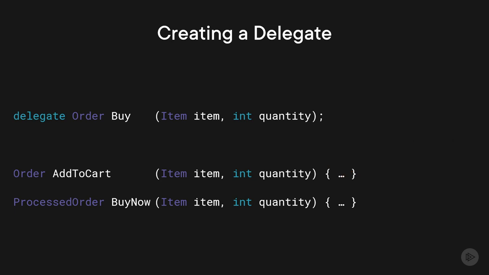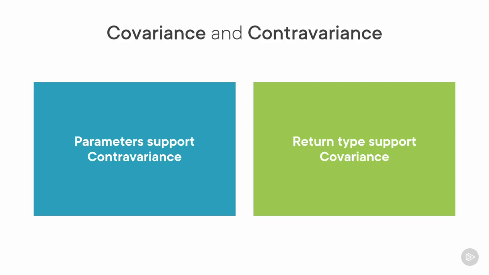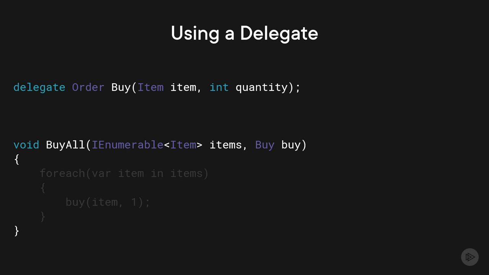This means a method with the return type object wouldn't match our defined delegate, as you cannot use a less derived object when matching the return type. On the other hand, since the parameters support contravariance, you can change the Item parameter to object, and that would work. The delegate can then be referenced throughout the application using its name.